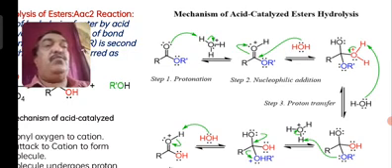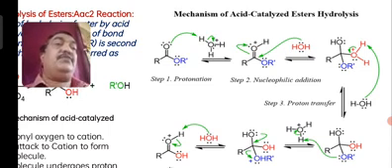In the next step, the water molecule HOH attacks. So the oxygen to carbon bond shifts and the plus charge shifts. You can see the next structure, RCOH, OHH, that is the water molecule attached to it, and OR dash.